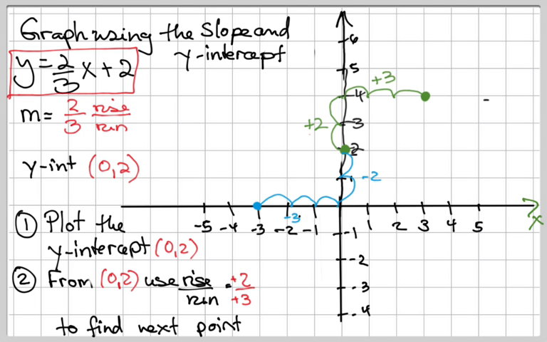But I like to go the positive way. Now we connect the dots. Beautiful. You don't need 3 points, but because I showed you how to go down, I had 3 points. This one looks good. How do you like that?